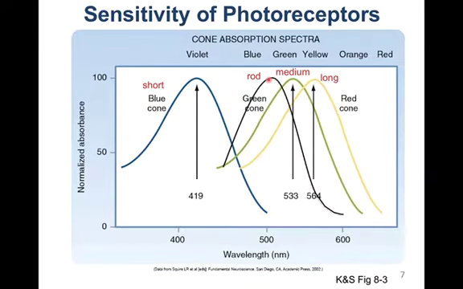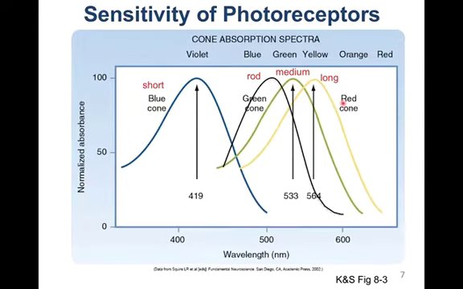The cone opsins differ from about 420 to 530 to 560 for the short, medium, and long wavelength sensitive opsins. So let's just back up. Your textbook correctly refers to a blue cone, a green cone, and a red cone.